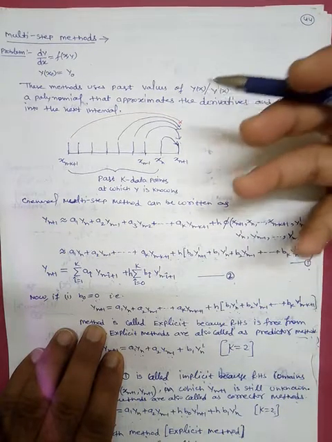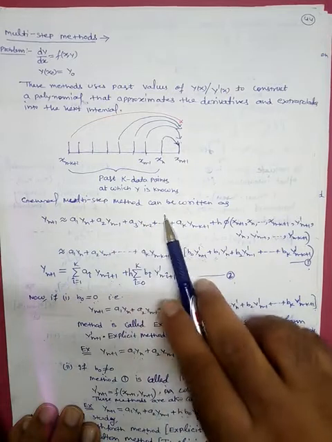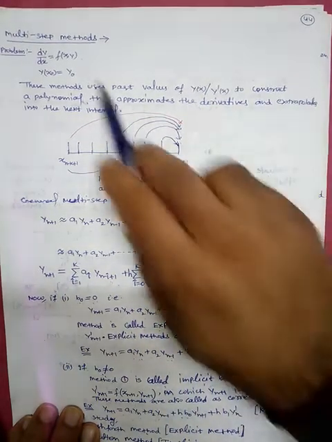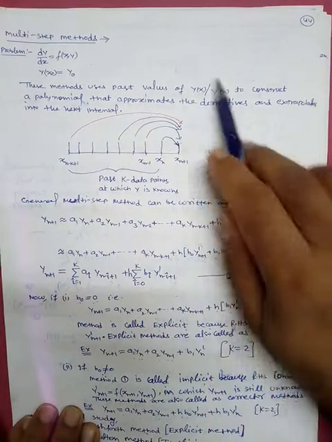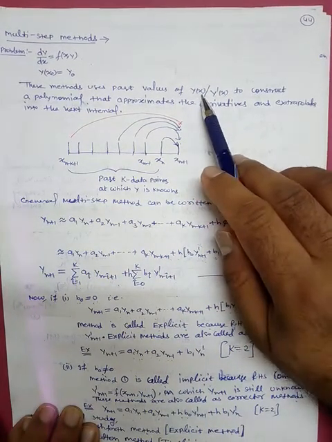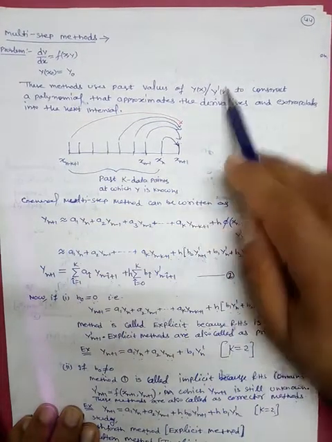These past k data points are already known to you, or given to you. Generally multi-step methods can be written as follows, because to find the value at this point we will use the past values of y as well as the past values of derivatives.